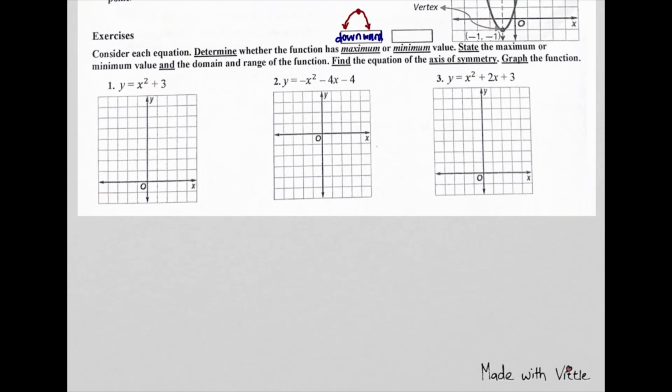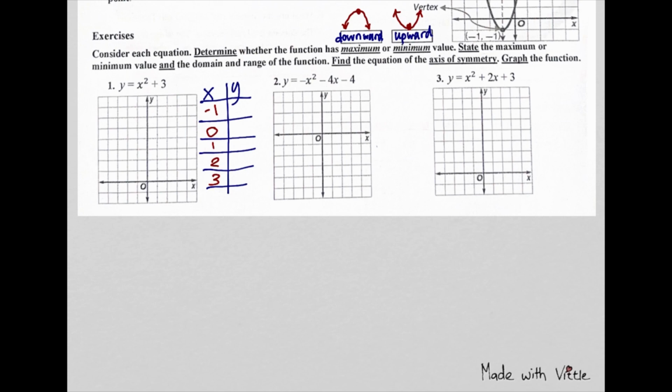Remember that if it's a maximum point, then the parabola opens downward, and if the vertex is a minimum, then the parabola opens upward. Let's create a table and use some values for x, such as negative 1, 0, 1, 2, and 3.